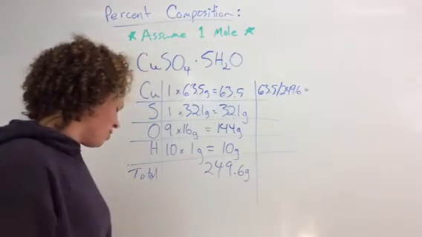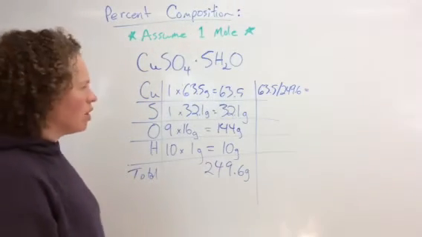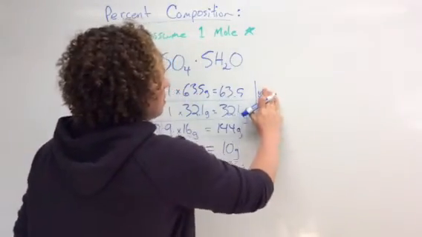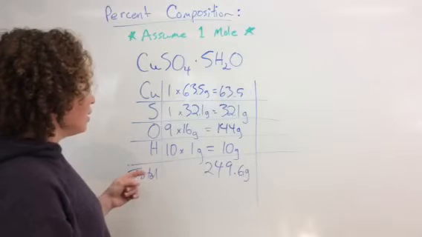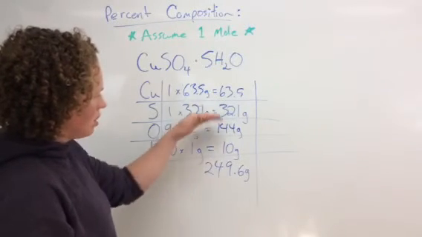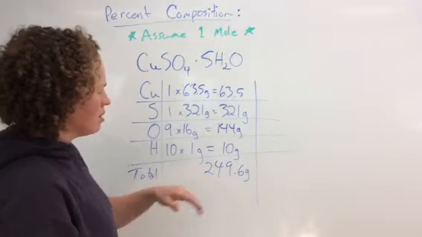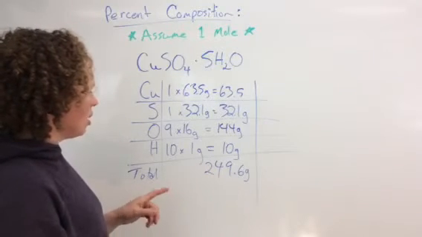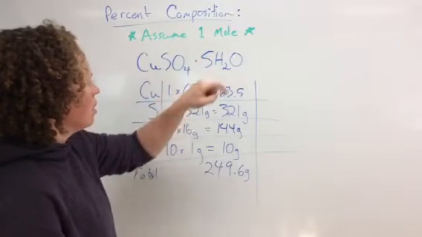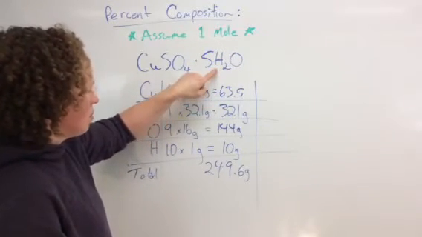Oh, but this just says what the percentage of water in it is. I don't actually have to figure this out for this question because they just want the water. So I've done this to figure out what my total is, but for my water, I just need this part here.